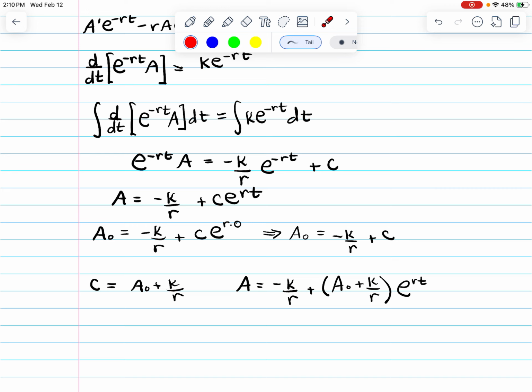Let's say we want $1 million. Well, we would put $1 million here. We've got the initial amount here, and we know our interest rate. We just solve for K, and there you have it.